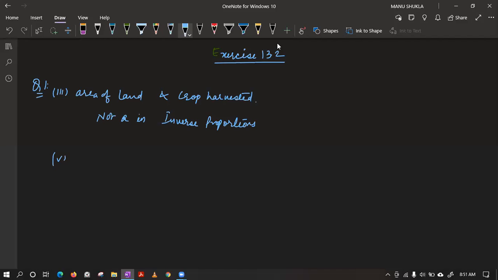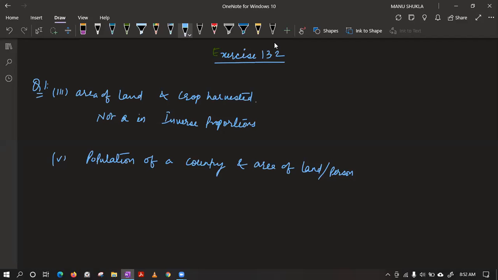Fifth is the population of a country and area of land per person. It is like density. Please tell what kind of relation is this?